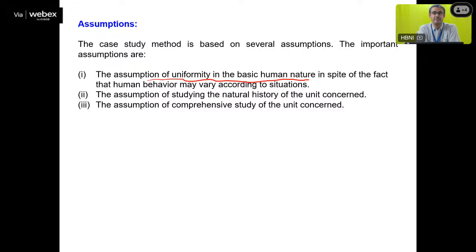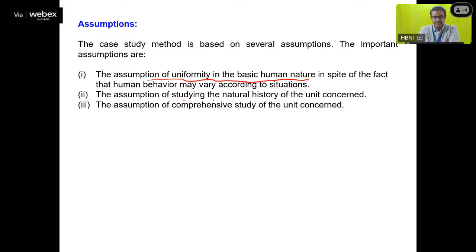So human behavior depends upon external factors. If the external factors change, the human behavior is supposed to change, but we are assuming uniformity in basic human nature in spite of the fact that human behavior may vary according to situations. So this is a very big assumption, which is not correct, but still we are assuming that.